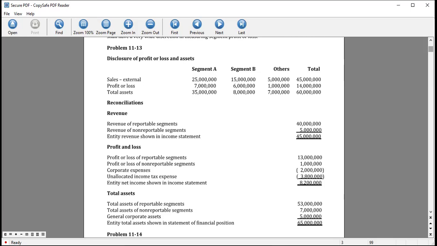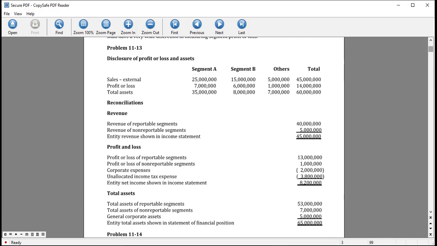So we now get the entity revenue shown in income statement is 45 million. Okay, so we have now the revenue of non-reportable segments amounted to 5 million. So in other words, only 40 million is the revenue of the reportable segments.